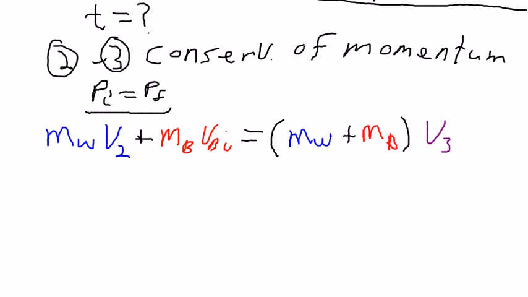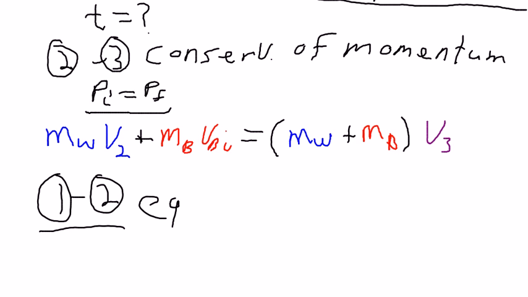If we consider the transition from point 1 to 2, we have an object in free fall, so we can use our equations of motion to figure out what velocity 2 is going to be.